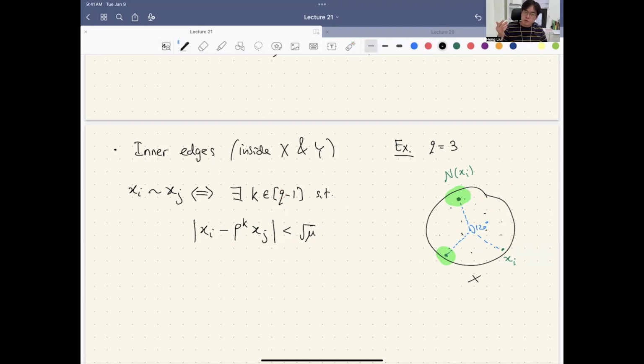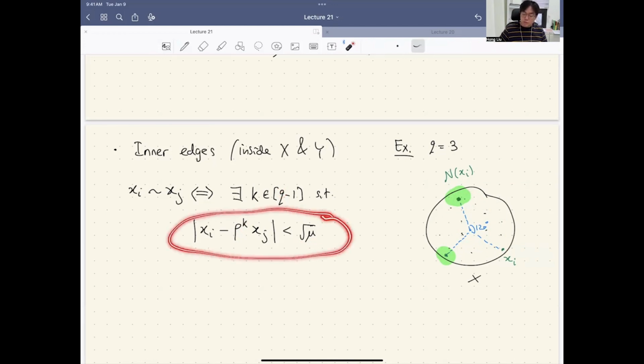One thing I need to mention is that this constraint is symmetric in indices i and j. It's not a directed graph.